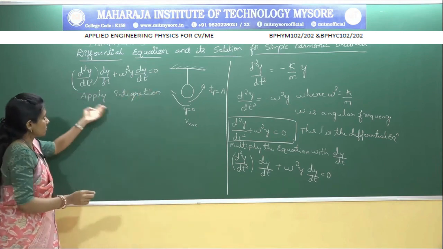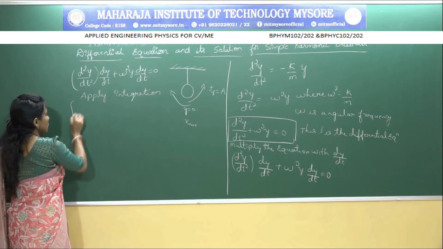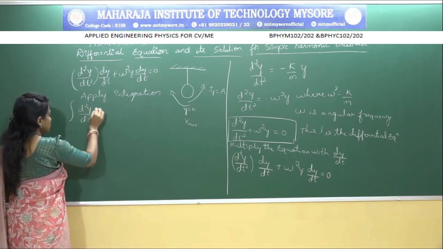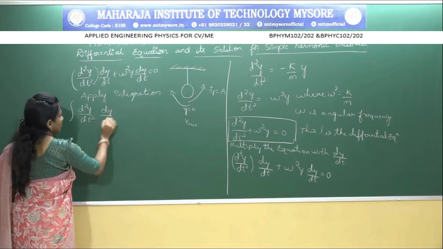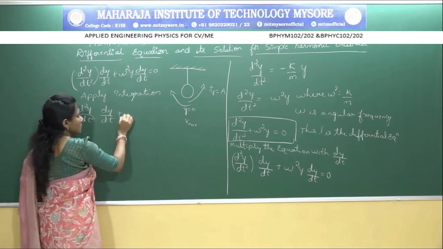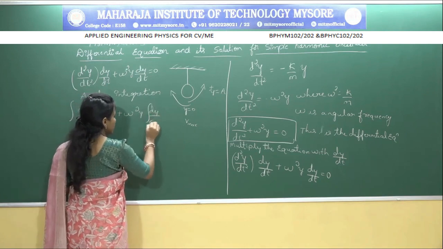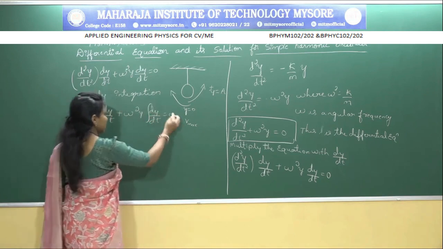Apply integration. Then what we will get if we integrate the above equation: d²y/dt² times dy/dt plus omega square y times dy/dt is equal to 0.